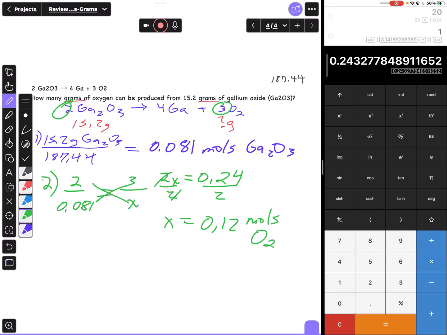That's moles of O2. Now my third step is to simply convert my moles to grams by multiplying by the molar mass. It would be 0.12 times the molar mass of oxygen, which is 16.00. Since I have 2 oxygens, it will be 32.00.